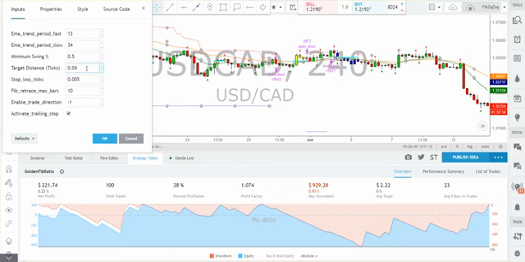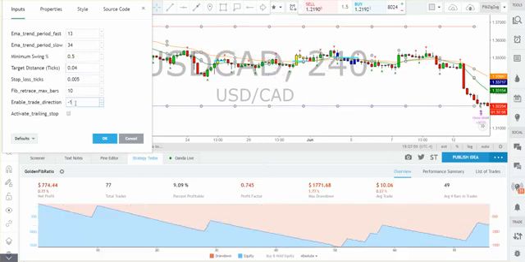So let me show you one thing that I do. The first thing I do is I actually play around with the target and stop loss. Okay, so currently it's set at 400 pips. Let me turn off the trailing stop, and let me set this to buy and sell.